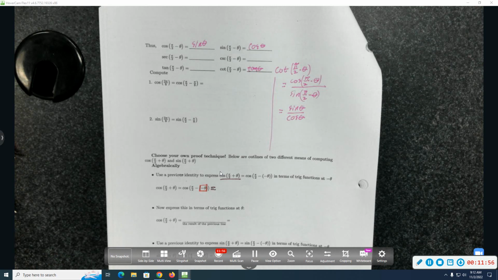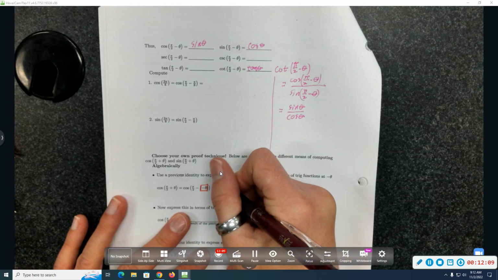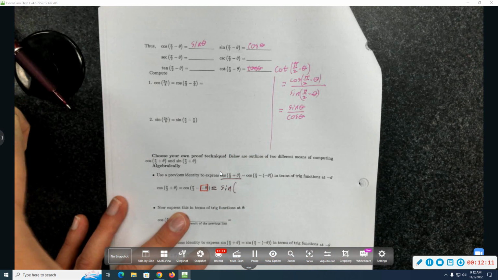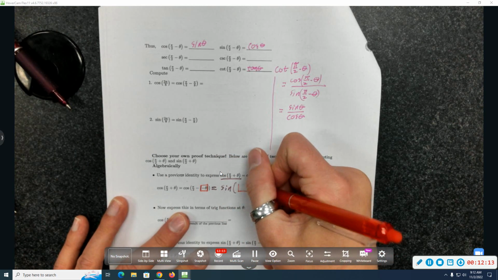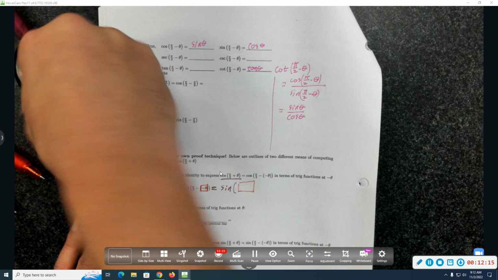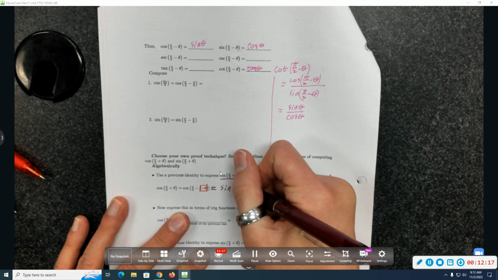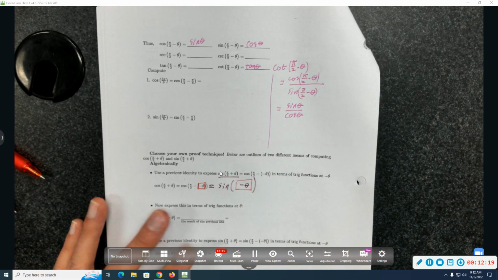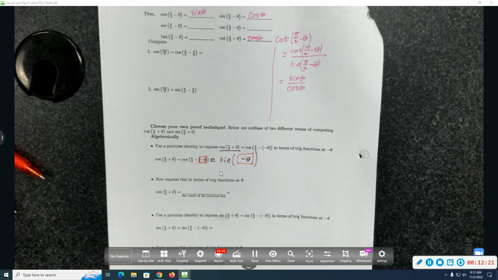Do I have a rule that tells me what cosine of pi over 2 minus box should be? Sine of the box, which is minus theta. So cosine of pi over 2 minus a thing is sine of that thing, and the thing in the box is minus theta. Oh, wait, do I also have a rule that says what the sine of minus theta is? What's the sine of minus theta?